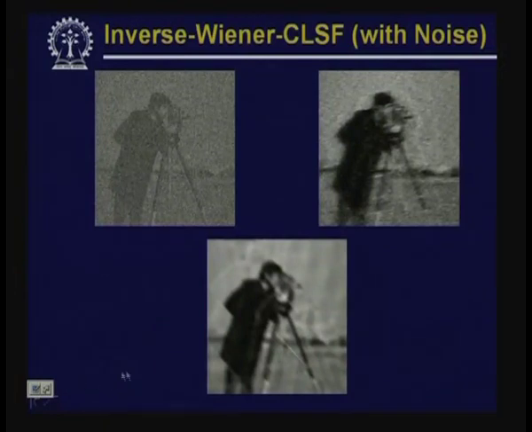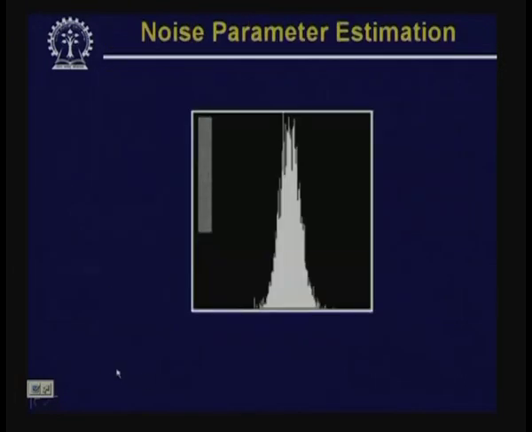Now, as I said, this constant least square filtering approach makes use of the noise parameters, that is the mean of the noise and the variance of the noise. Now, how can we estimate the mean and variance of the noise from the degraded image itself?